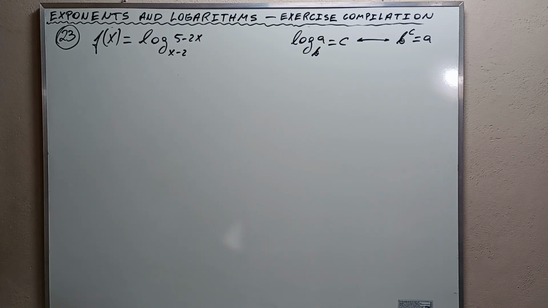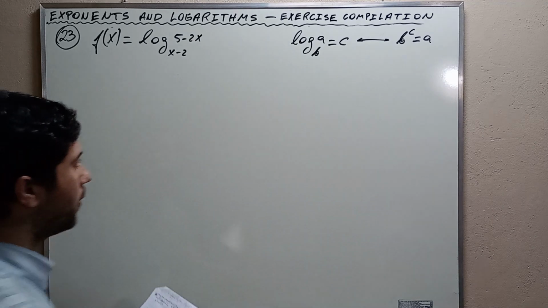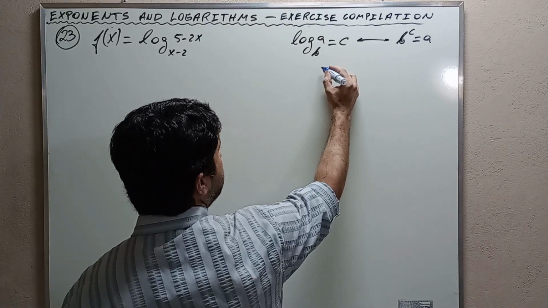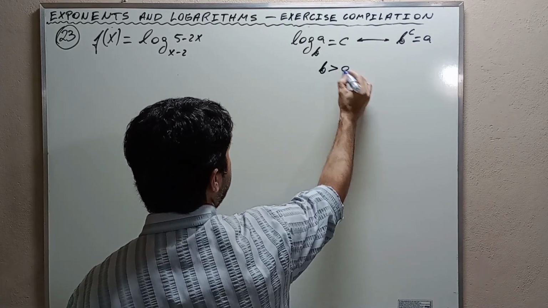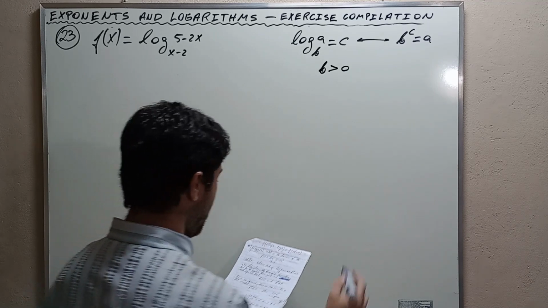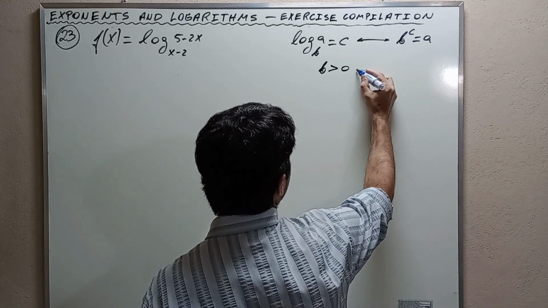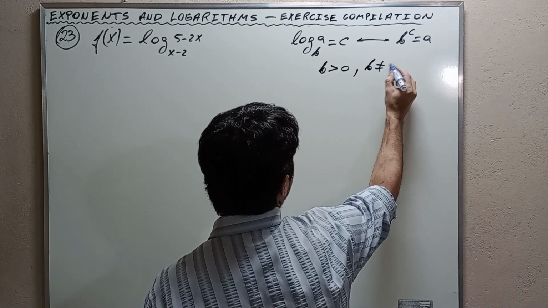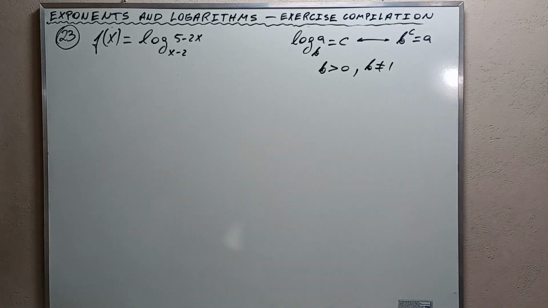By definition, the base of a logarithm has to be greater than 0 and not equal to 1. Okay? Observe that b has to be greater than 0 and not equal to 1.